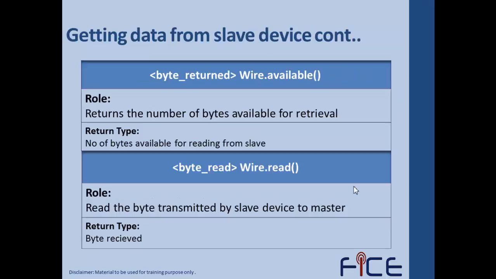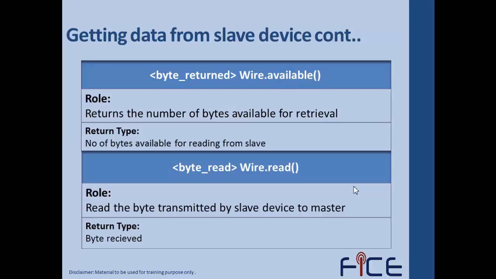Once the master selects the slave address and how many bytes of data it wants to receive, it has to see whether the slave device is available to give the data or not. For that the function is Wire.available, which returns the number of bytes available for retrieval.